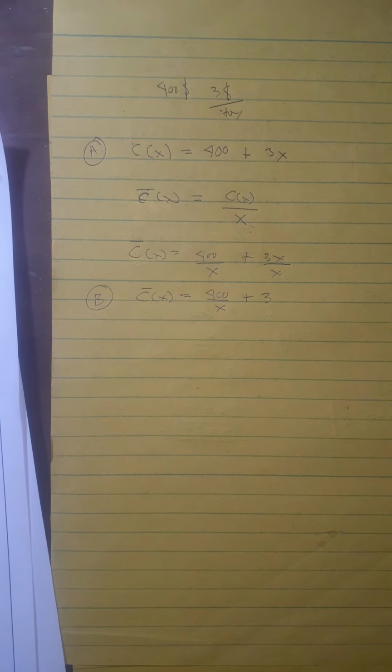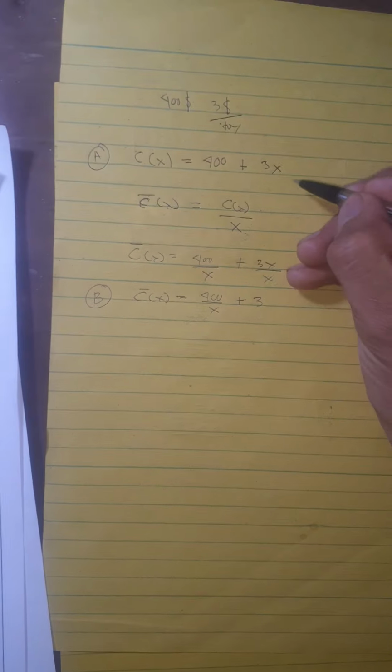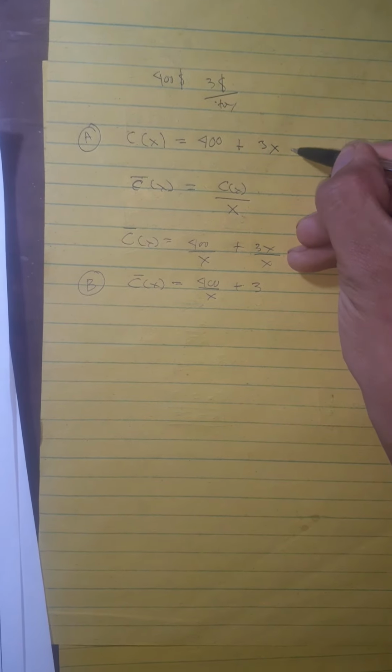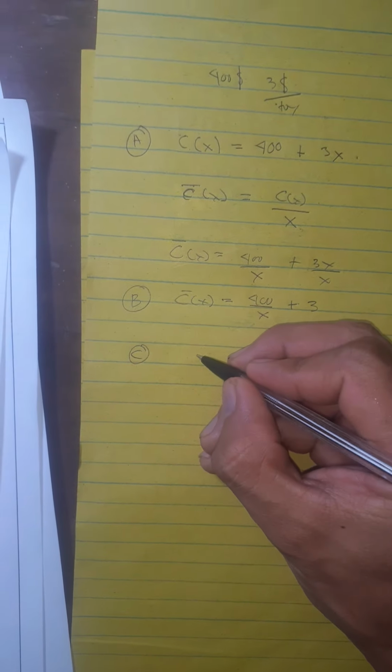For part c, we need our marginal cost function. If we mention a marginal function, it means the first derivative of our function. Our cost function is 400 plus 3x, so we just derive it.